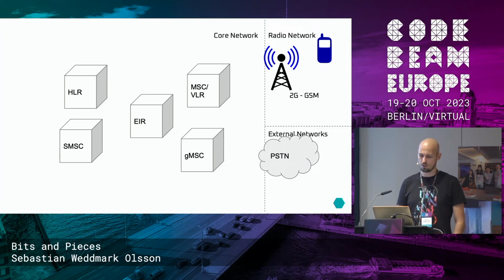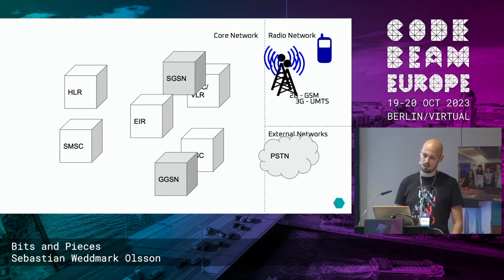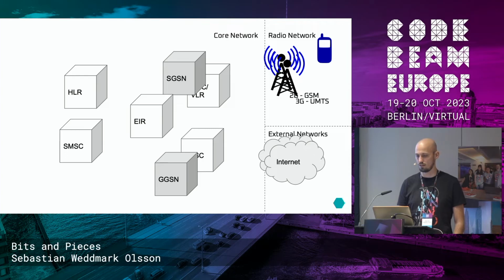But you also want 3G to be able to connect to the internet too. So then you need a node for keeping track of those antennas and those devices, and also a gateway for connecting to the internet.